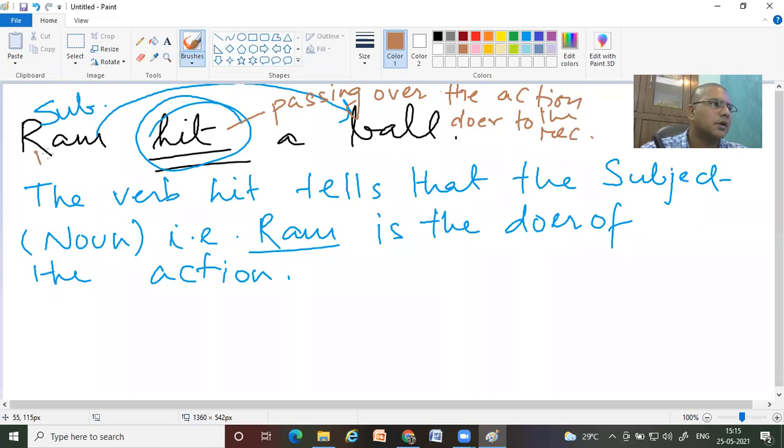Ram is the doer and the ball is the receiver.